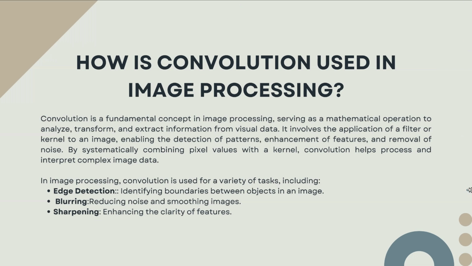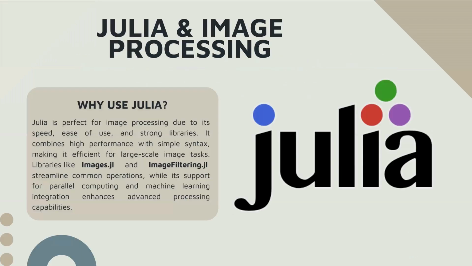Let's now move on and see how image processing can be done with the help of the software Julia. Julia is one of the best software for image processing tasks and also for data intensive tasks such as machine learning and simulation. One of the major advantages of Julia is its ability to seamlessly handle complex mathematical operations with ease.